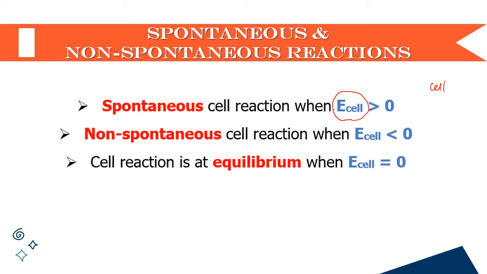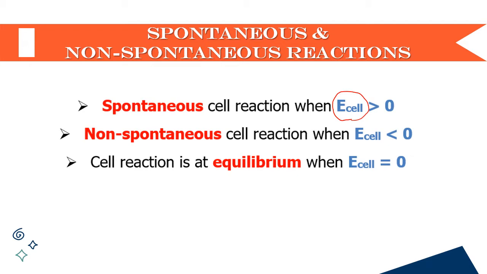But here, to determine the spontaneity, spontaneous or non-spontaneous reaction, for a cell that is not at standard condition, meaning other than 1 molar, other than 1 atm pressure, and also besides 25 degrees Celsius, the value that we're going to look at is the value of E cell.